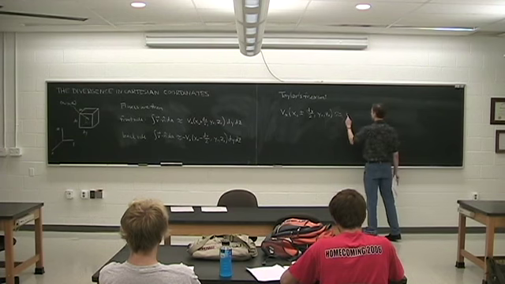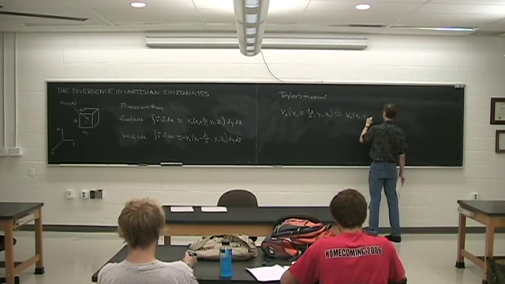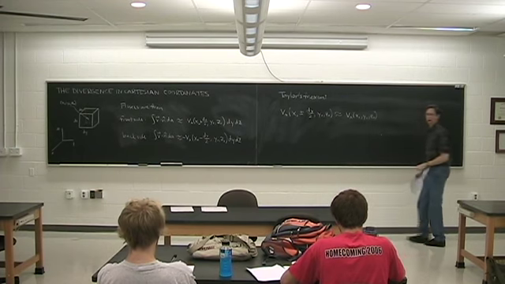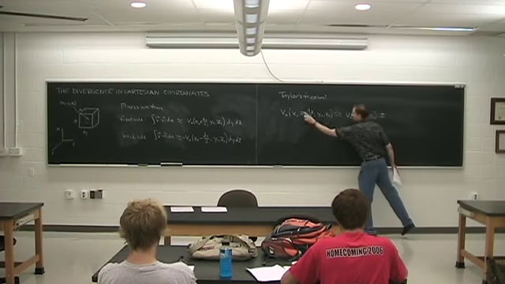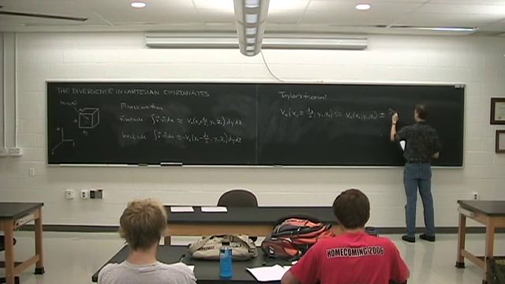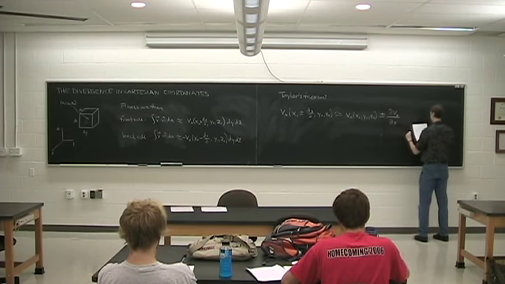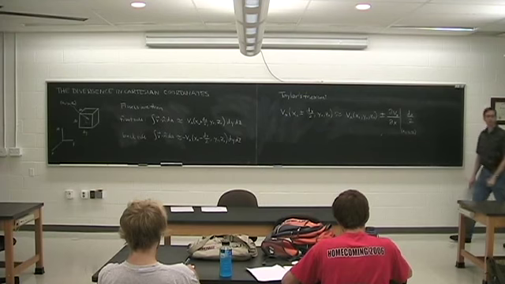So this is approximately v sub x at x naught, y naught, z naught, plus or minus, since I'm accounting for both cases here, the first partial derivative, dvx dx, evaluated at x naught, y naught, z naught, times dx over 2.